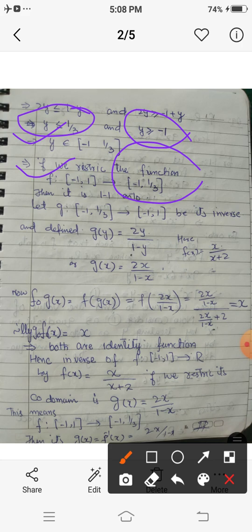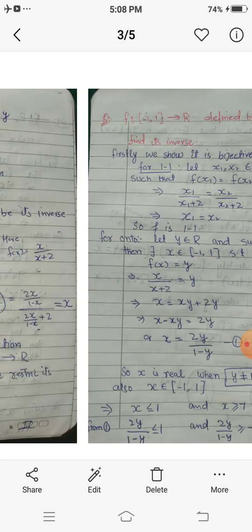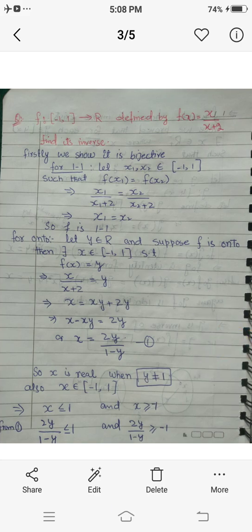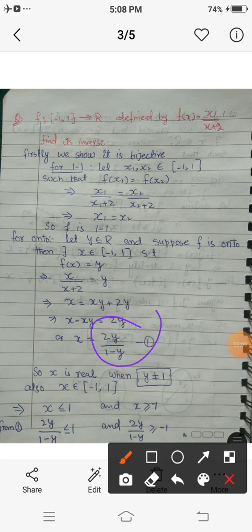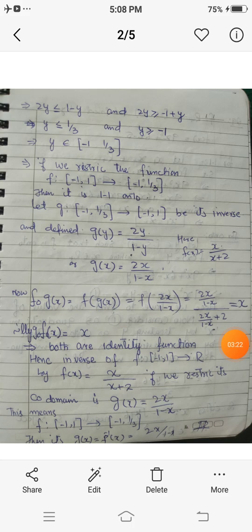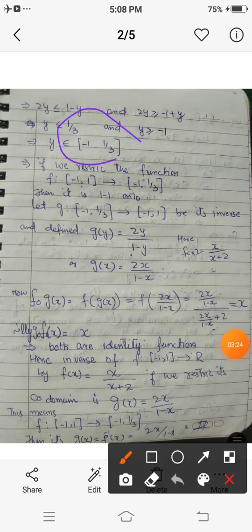Because 2y/(1-y) is not defined when y = 1, it is not onto from [-1, 1] to R, but if we restrict its codomain from R to the interval [-1, 1/3], this function becomes one-one onto. When this function becomes one-one onto, its inverse exists.